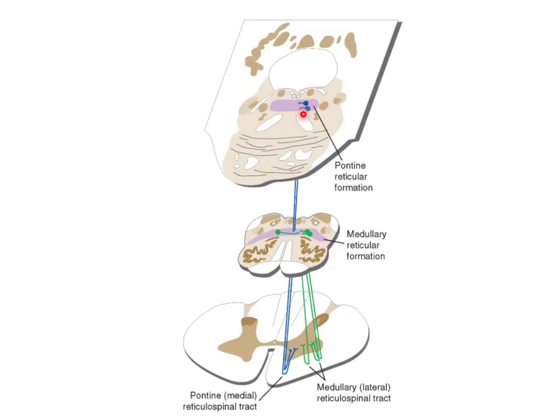It turns out that the reticulospinal pathway is very important in controlling the excitability of those neurons, especially during sleep. And in fact, they inhibit the lower motor neurons through an interneuron in the gray matter of the spinal cord.